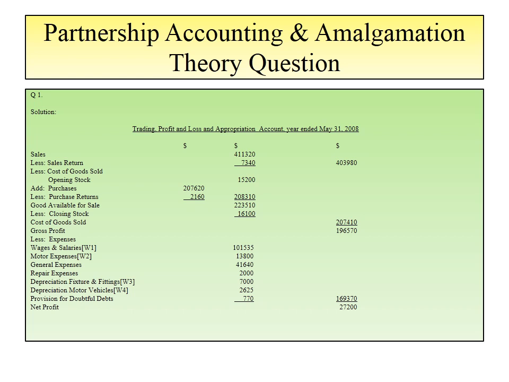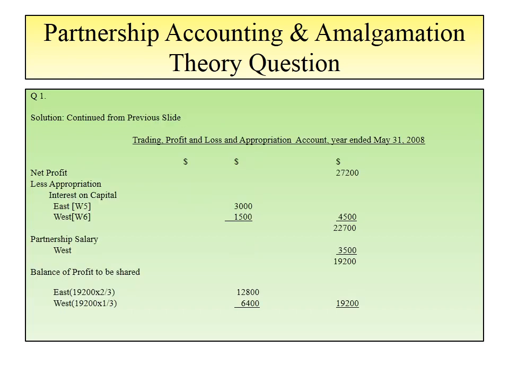In the next slide we are going to prepare the appropriation account. First of all, we take up the net profit amount, that is 27,200. This is the figure taken from the last slide, and from this net profit we are going to deduct the interest on capital.